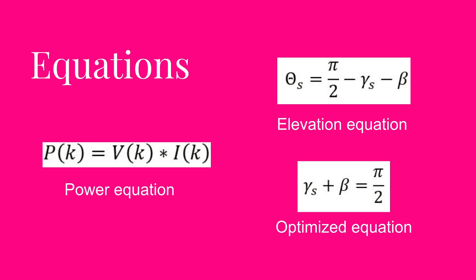This angle can be described as the angle of incidence seen on the elevation equation. This theta s angle of incidence is when zero means the solar panel is generating the maximum power. If this is zero, we can optimize this equation and have gamma s, the angle of elevation of the sun, plus beta, our angle of elevation of the panel, equal to pi over two, so we can find the elevation of our panel.